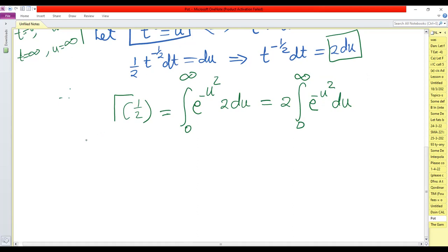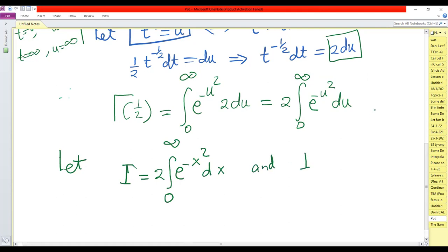But before we do that, let I be given by twice the integral from 0 to infinity of e raised to power negative x squared dx. And the same I can as well be given in another variable, twice the integral from 0 to infinity of e raised to power negative y squared dy.